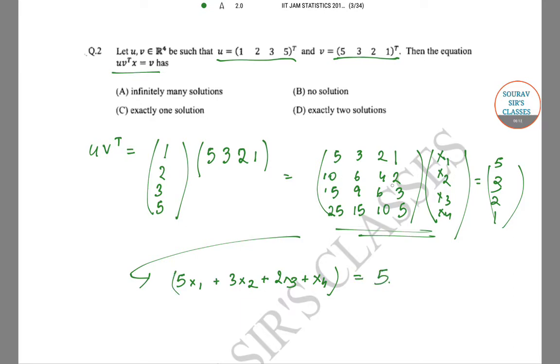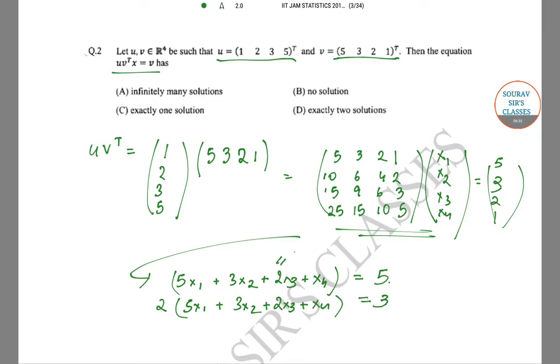The second row gives us 10x1 plus 6x2 plus 4x3 plus 2x4, which note is just twice 5x1 plus 3x2 plus 2x3 plus x4, and it has to be 3.